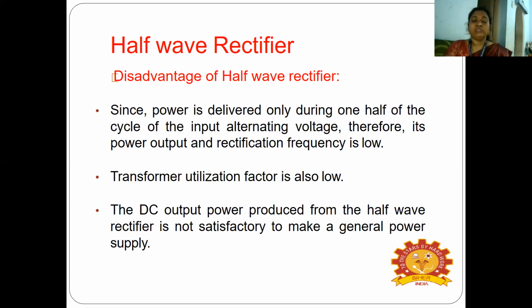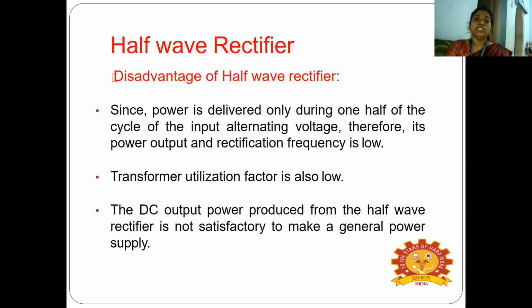Second point, the transformer utilization factor is also low. The transformer utilization factor, that is TUF. When you calculate the TUF of a particular rectifier, how much the particular transformer is utilized is very important.